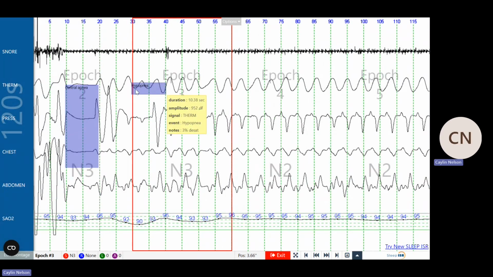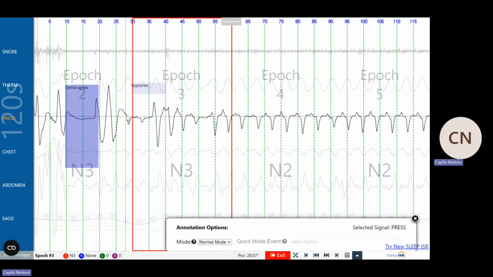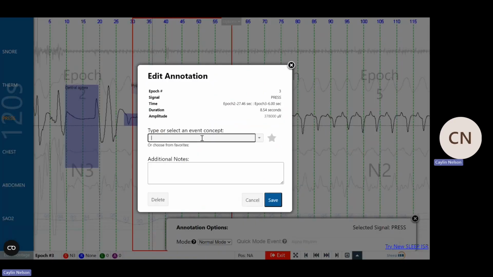So you can see the difference in the amplitude of both of them, referring to the breath between 25 and 30 and the breath between 40 and 45. So you can see there we have that decreased airflow.